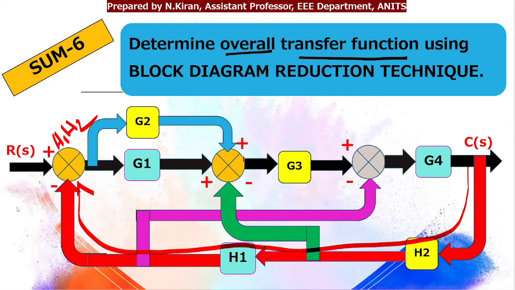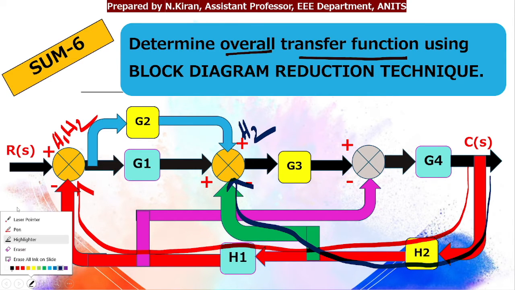When I observe this summing point, I will change the color so that you can clearly understand. This is H2 and it is going to my second summing point. So this summing point has a feedback loop gain H2.